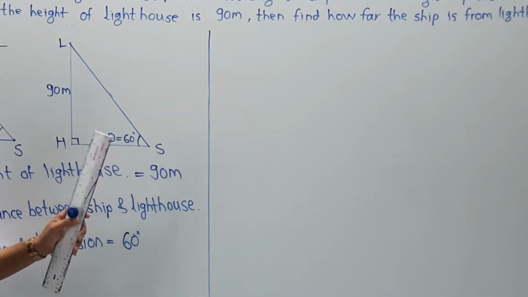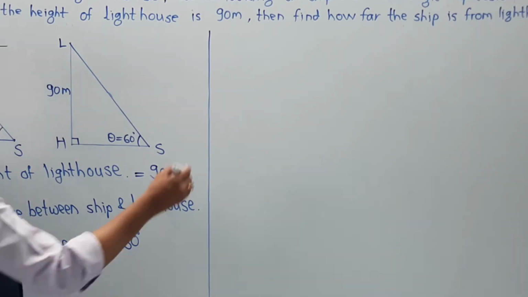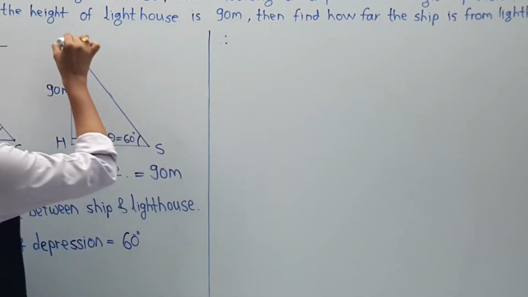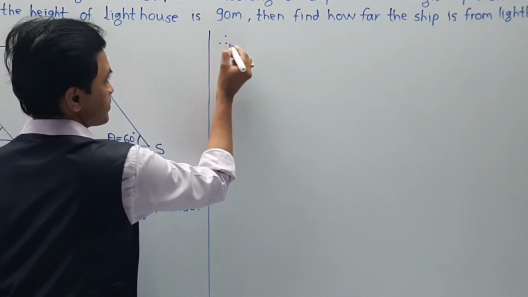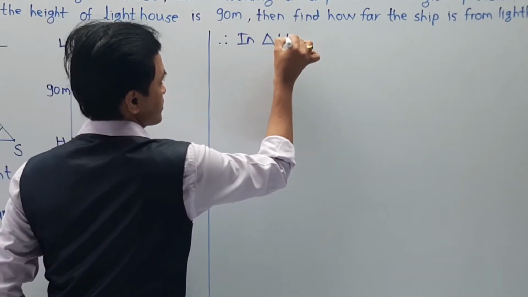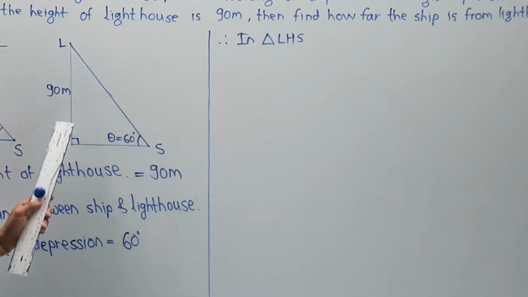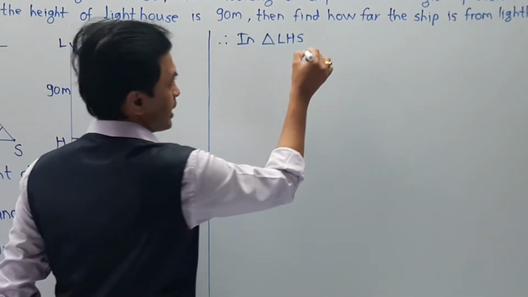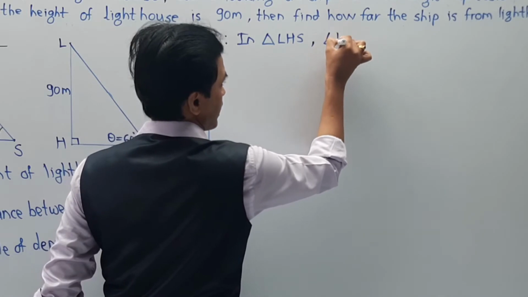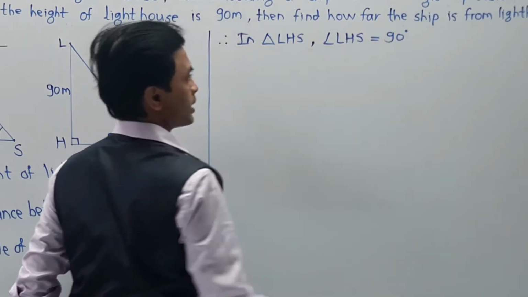Remember, theta is used for calculation, but the declaration of 90 degrees is most important as we are using trigonometric applications over there. Therefore, in triangle LHS, angle LHS is equal to 90 degrees.